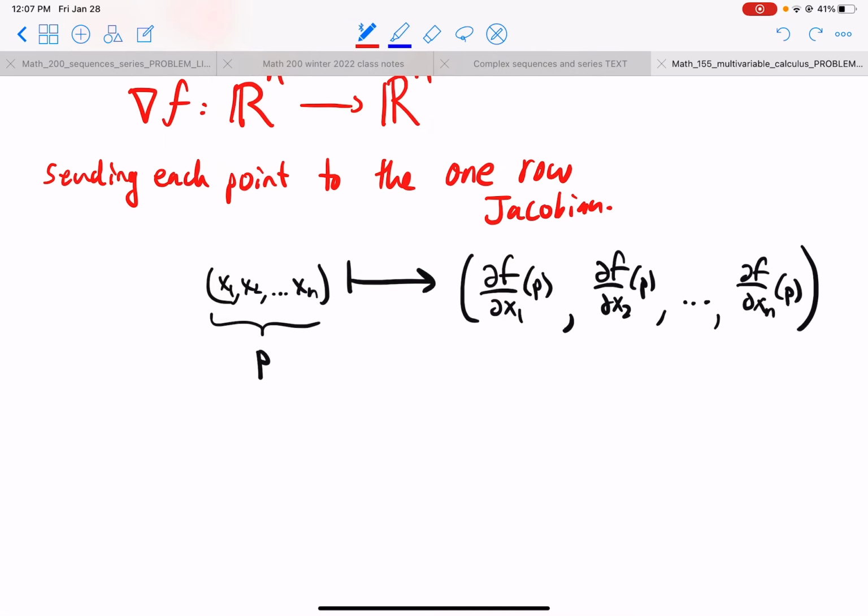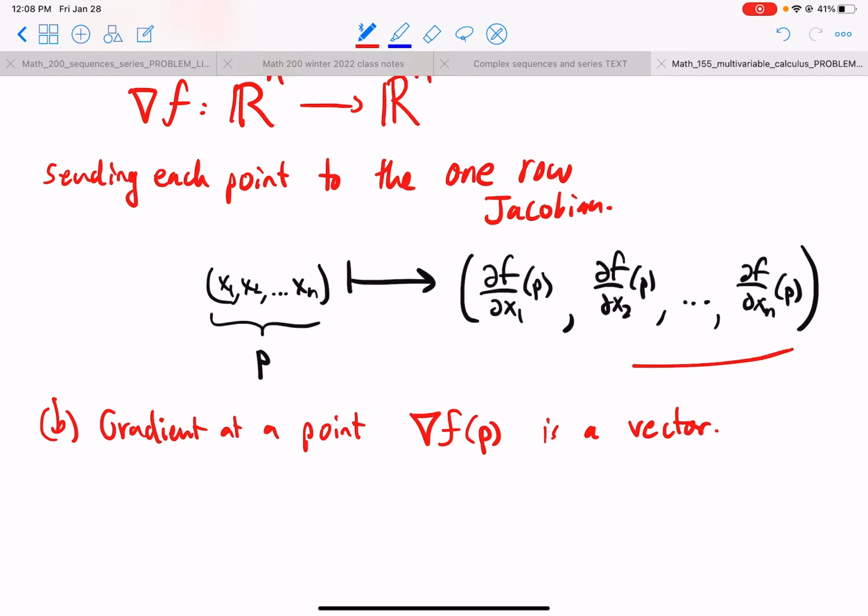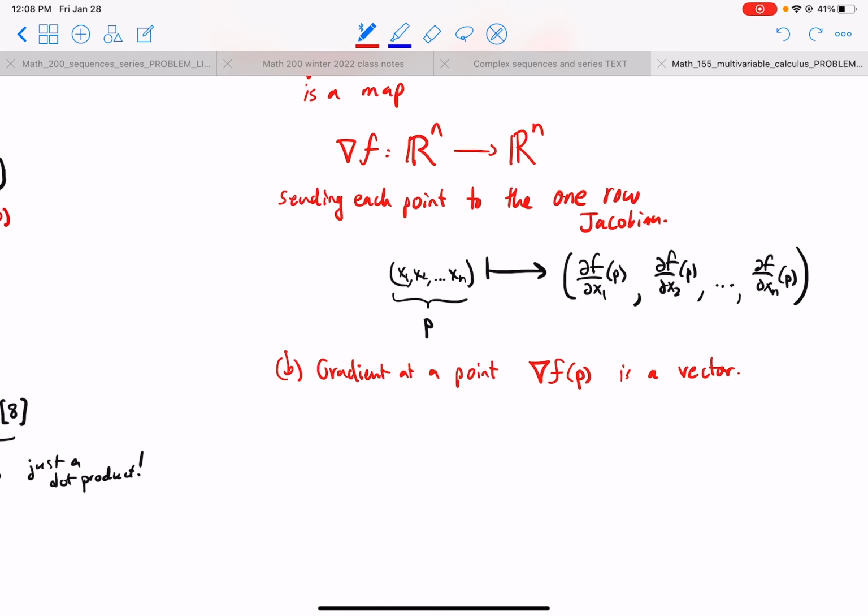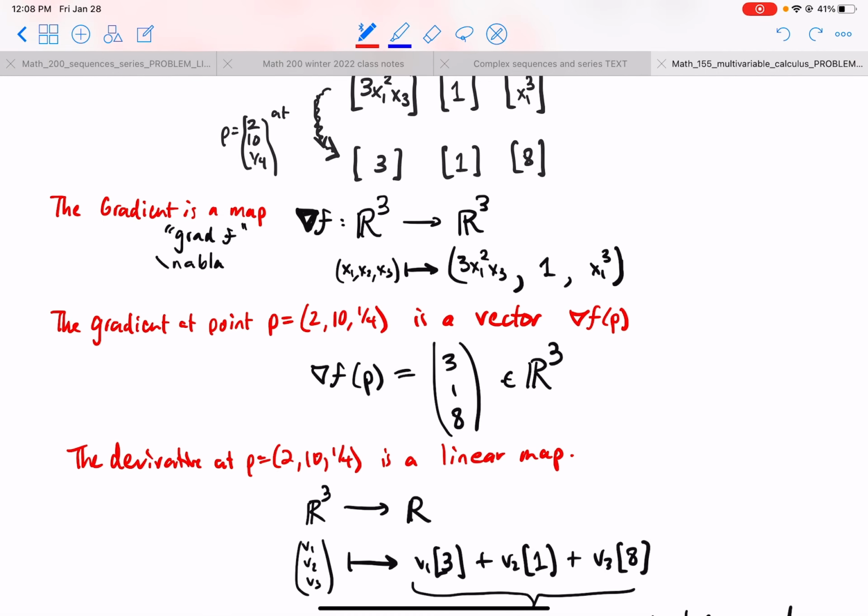So I'll write B, gradient at a point, usually called grad f at the point P, well, is a vector. It's the output. It's just the output of this map. You just plug in some point and you get numbers here. And so you get a vector. Okay, so like the gradient at a point over here.